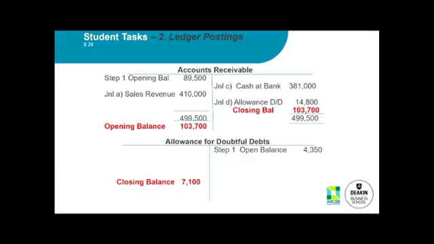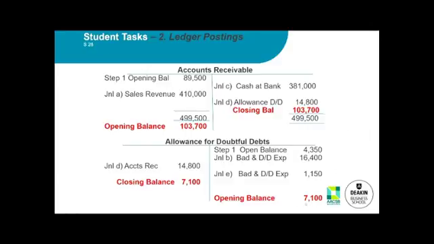Our closing balance is on the debit side. And then we have our bad and doubtful debt expense that we have written off during the year. And our adjustment to the accounts receivable and our journal adjustment so that our closing balance is 7,100. And obviously both sides agree there as well.